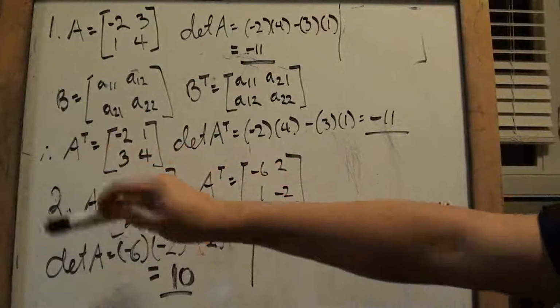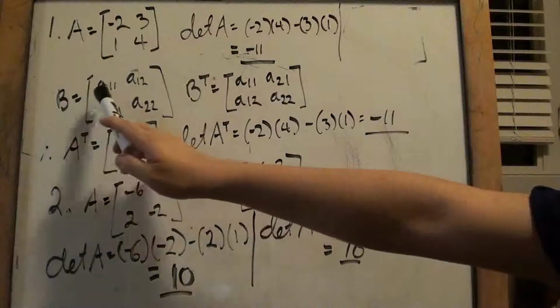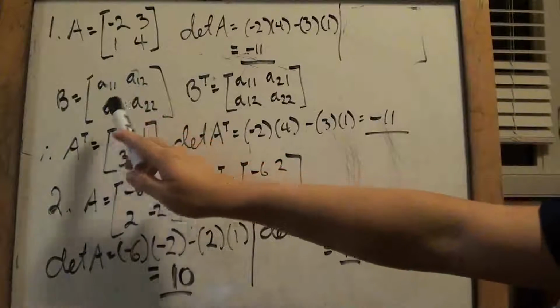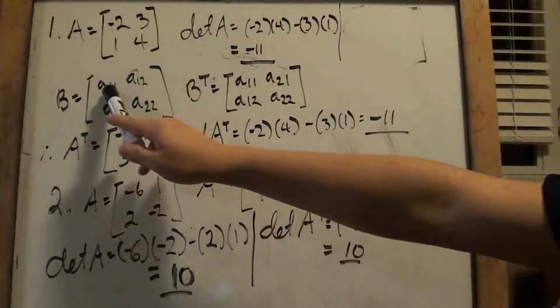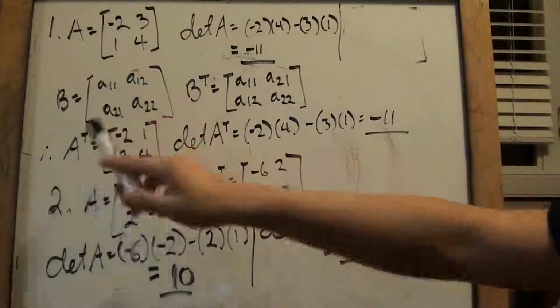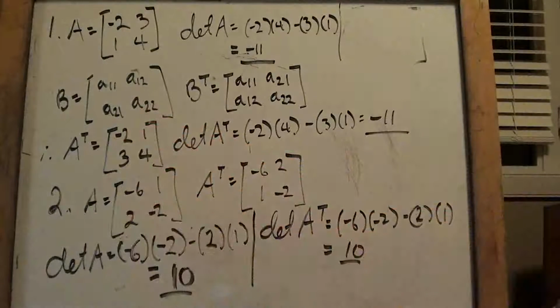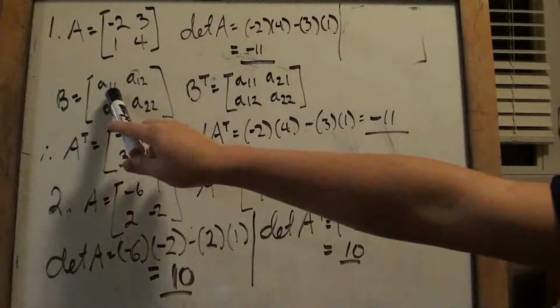So I just said let B be another matrix with A11, A12, A21, A22 as the entries. And as we know, the first number of those two digits represents the row, and the second one represents the column.